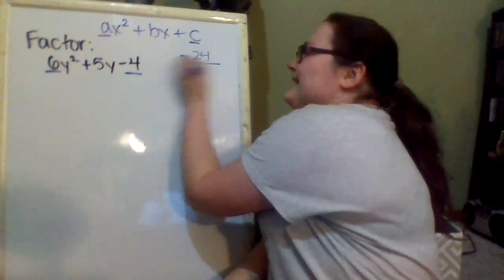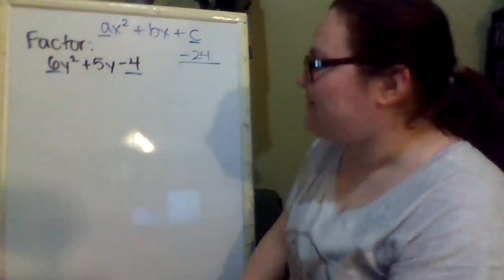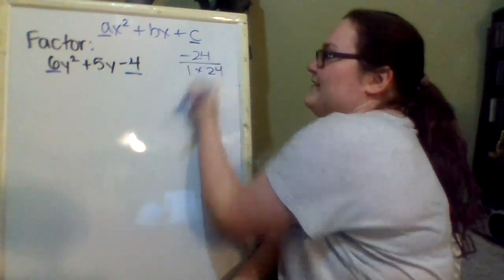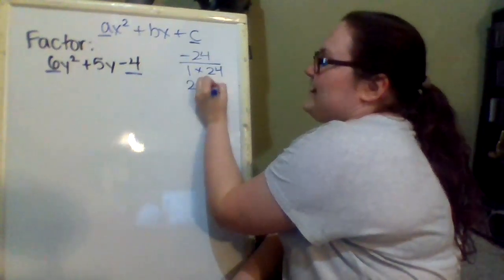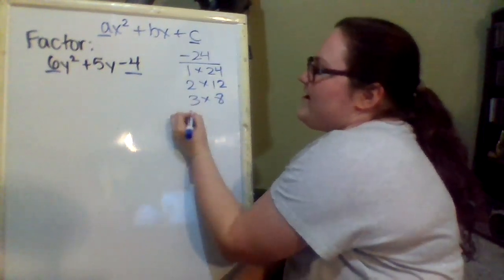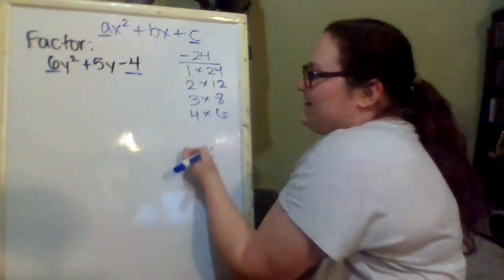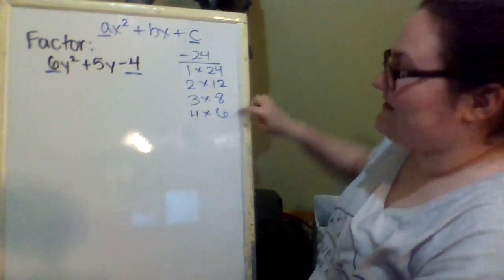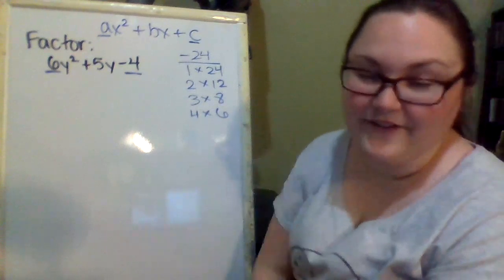Just like I did in the past, I'll start writing out all the different combinations. I like to put mine in order, so I could say 1 times 24, 2 times 12, 3 times 8, 4 times 6, there's no 5, and then 6 is already on the list, so that helps me know I've got them all.